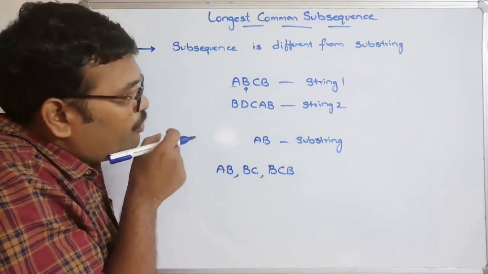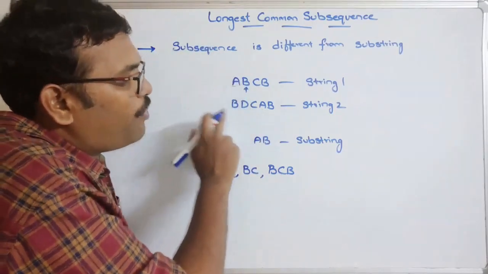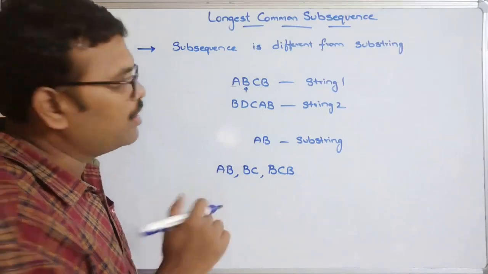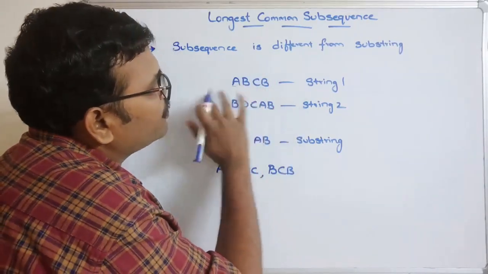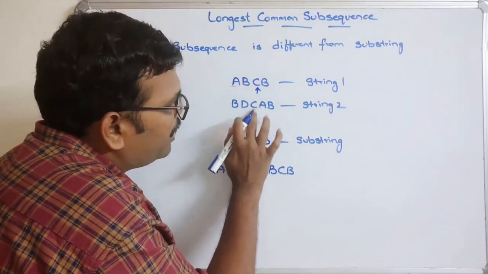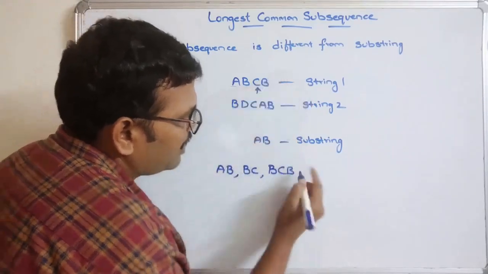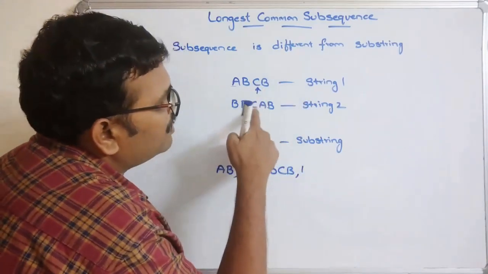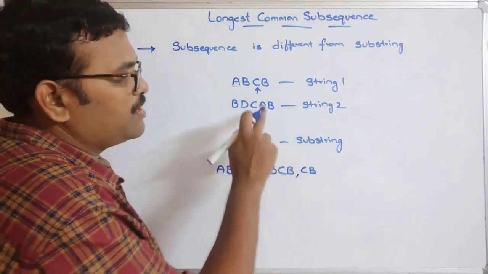Subsequence means you have to follow the sequence, whether the elements are following the sequence in the second string or not. So B, C, B, yes. And if you start with the C, so C followed by B, you can observe C is here and followed by B. B appears after C. Yes, correct. So CB is one more sequence.